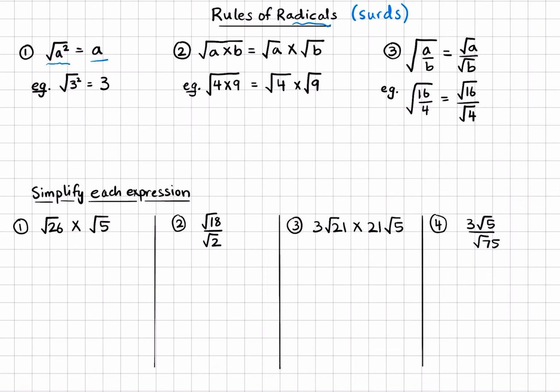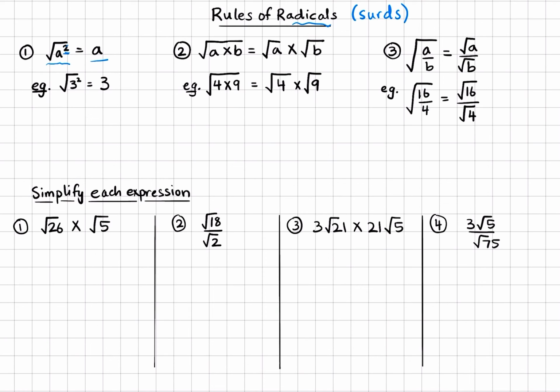So if you think about it, a square and a square root, if they're on the same number, cancel each other out. I wrote an example here using that rule, which is the square root of 3 squared equals 3. And we can prove that very easily by actually solving this expression.